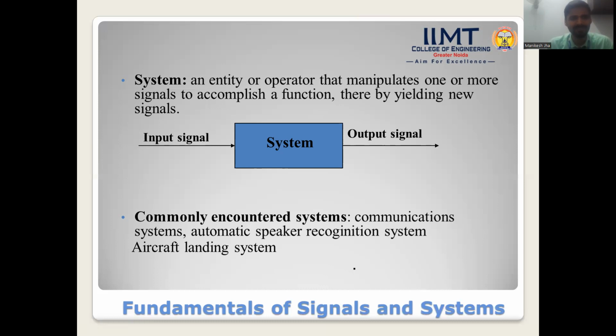It gets input signals, operates on them, and gives you the outputs. Commonly encountered systems are communication systems, automatic speaker recognition systems and aircraft landing systems.